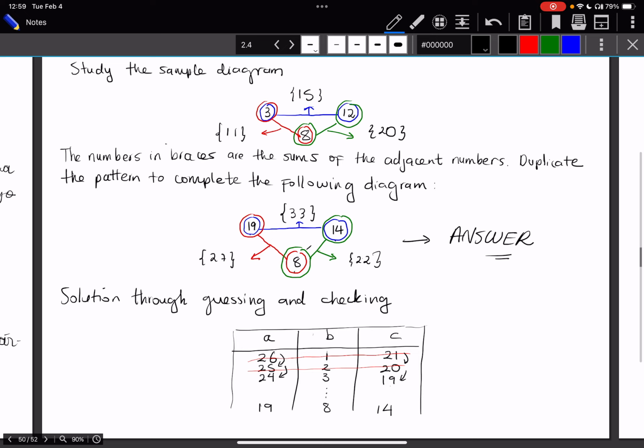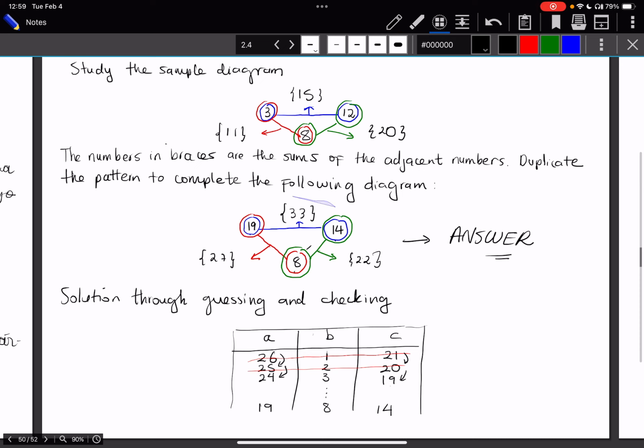Next, we're going to use a different strategy to solve the same problem, to find 3 numbers. And we have labeled them A, B, and C, so that the diagram follows the same pattern the diagram that was given follows. So let's move on to a new page.